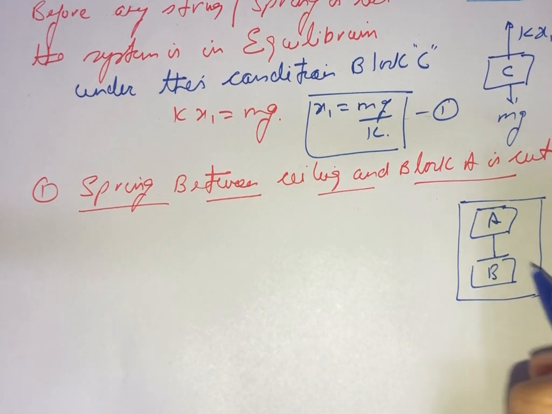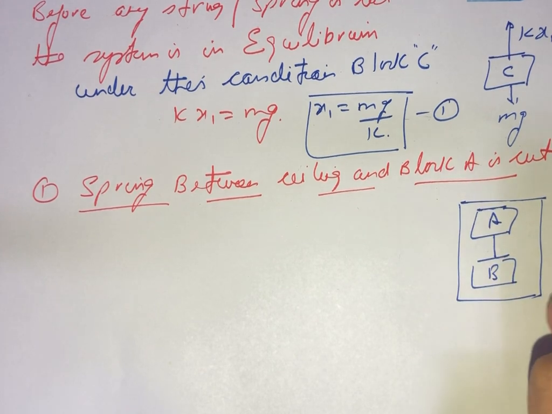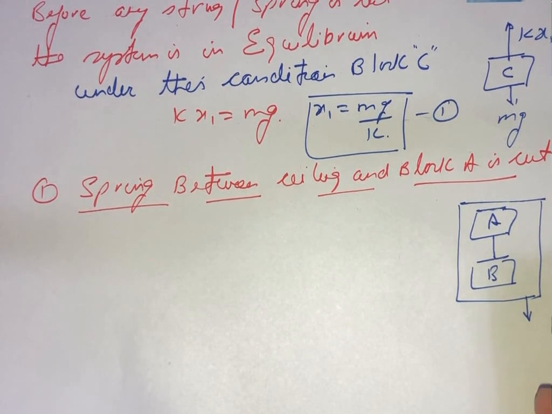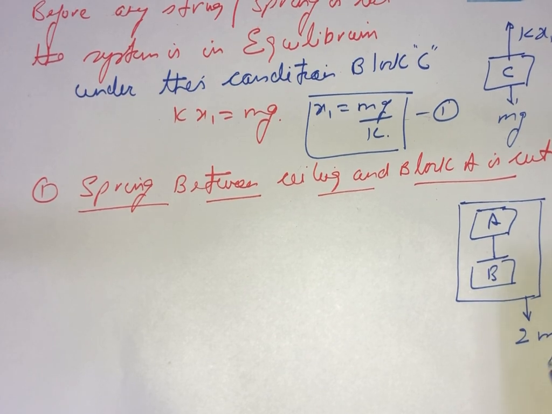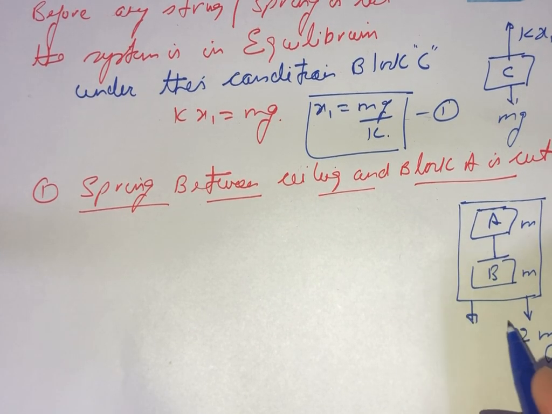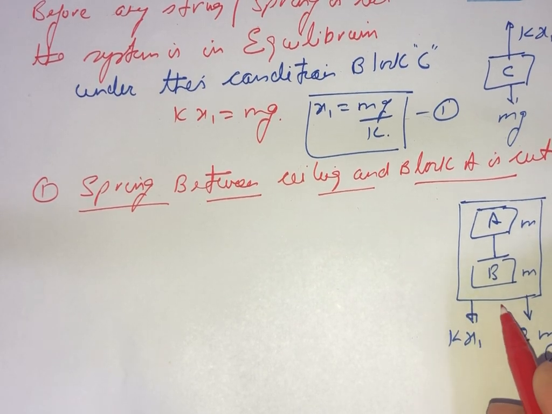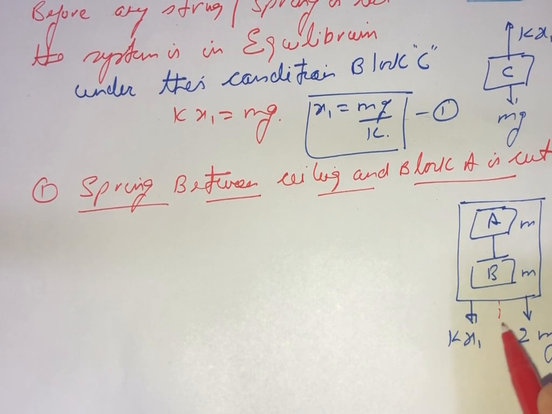Okay, let us suppose as there will be no slack between the string, so we can say the combined system is moving with the acceleration of A, and in the downward direction there will be 2 mg, as mass of this is m and this is also m, and also in the downward direction there will be k x1 because of the spring, because all of a sudden nothing is going to change. So normally this will be connected in this way to the spring, and here we will block C.